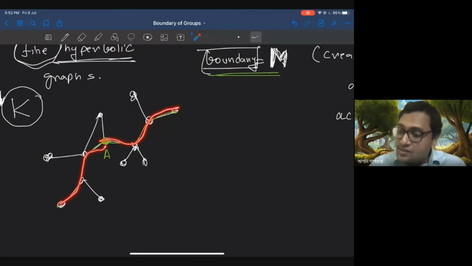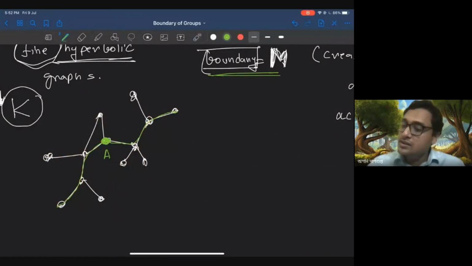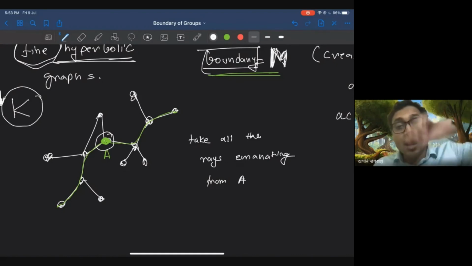All roads that go out toward infinity in some sense. So I'll write that. Take all the rays emanating from A, this particular point A. All the rays coming out from A.